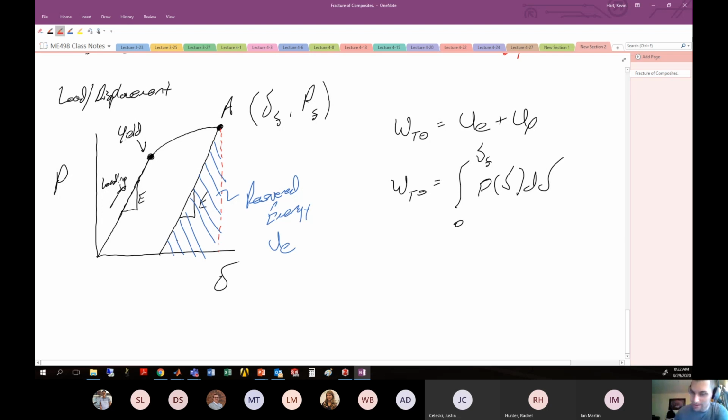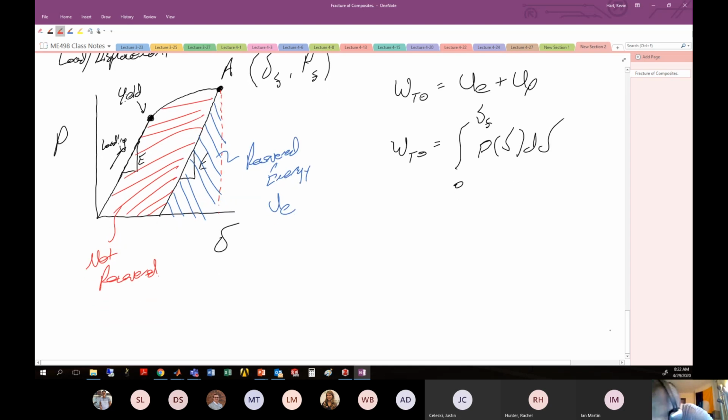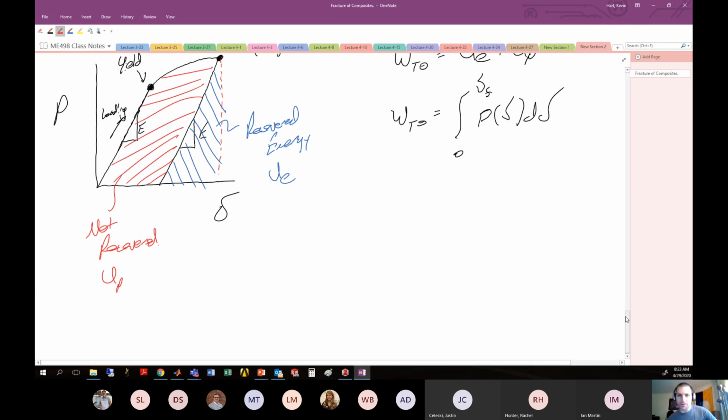And the energy that was not recovered is here, and that is the plastic strain energy, UP. So when I say that the total energy has to balance both the elastic and the plastic strain energy, well, the amount that we recovered there in blue plus the unrecovered plastic strain energy there you see for UP is going to be equal to the total work. It's kind of pretty straightforward.